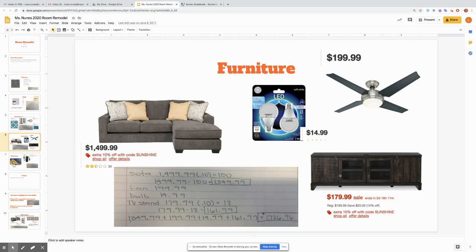TVs don't just float, so you have to figure out what you're going to do and purchase those items. Don't worry about cost of internet. That is something you would need most likely, but we're just decorating the room. We're not worrying about electricity or all those kinds of things. I did purchase light bulbs because my ceiling fan is going to need light bulbs. So I wanted to include those items.